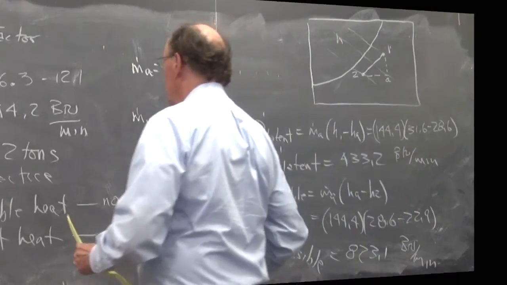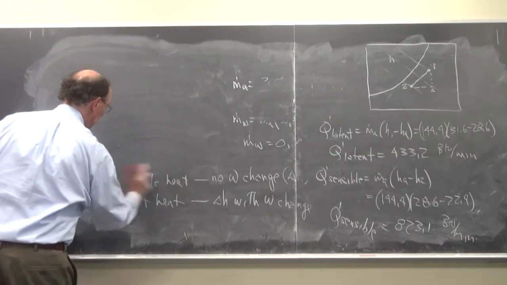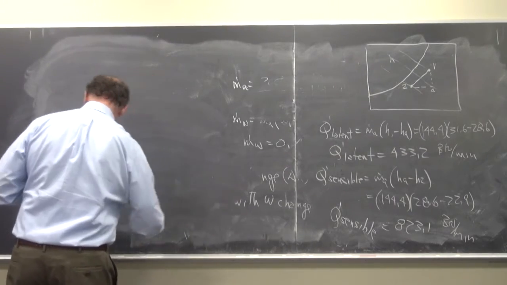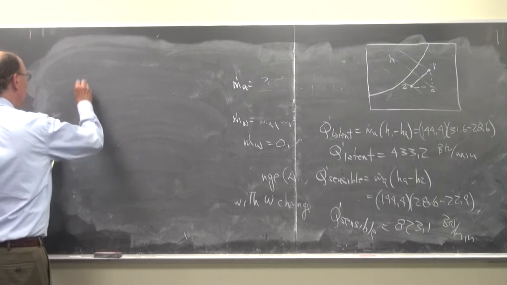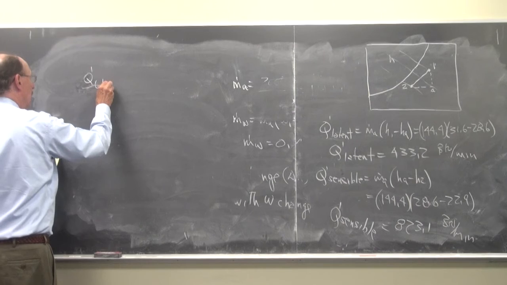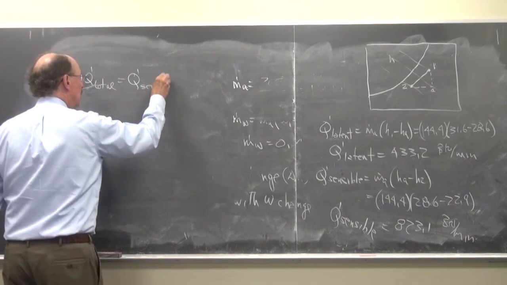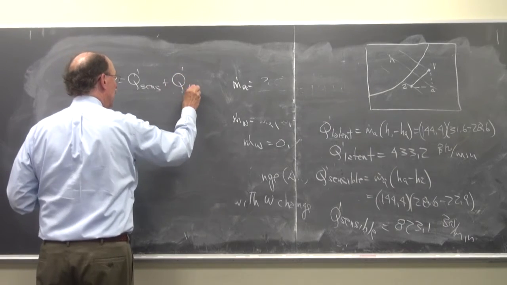So then the total heat is the sum of the two, Q dot sensible plus Q dot latent.